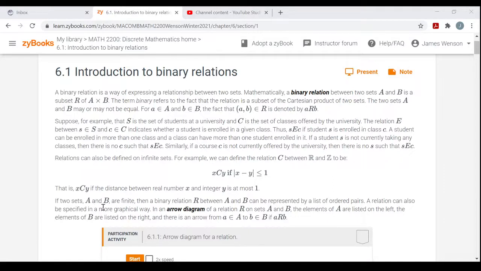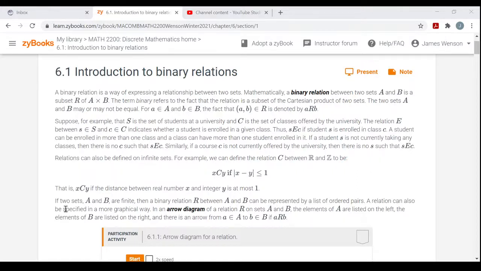If two sets A and B are finite, then a binary relation called R between A and B can be represented by a list of ordered pairs. Remember, every relation is just a subset of the cross product, like it was said in the first paragraph.